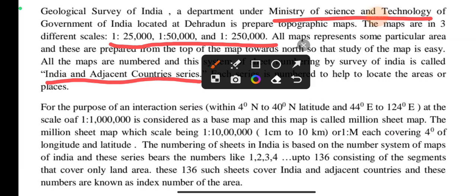So you can see, within 4° north to 40° north latitude and 44° east to 124° east, at the scale of 1:10 lakh is considered as a base map, and this map is called the million sheet map.